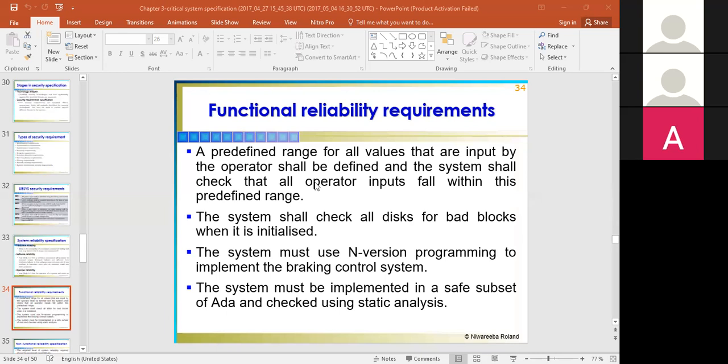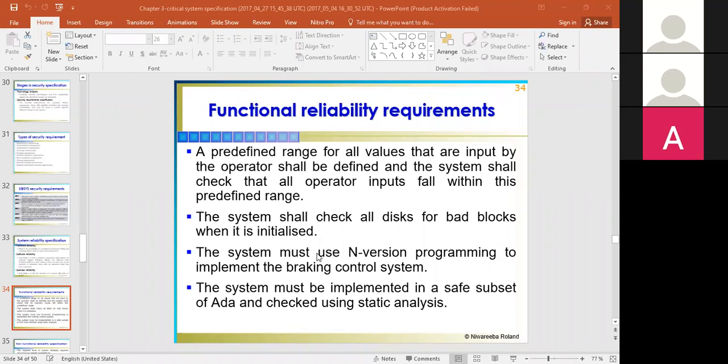That's the general understanding of functional and non-functional requirements. So for these reliability requirements, there are two kinds, functional and non-functional. Here they said a predefined range for all values that are input by the operator shall be defined, and the system shall check that all operator inputs fall within this predefined range.